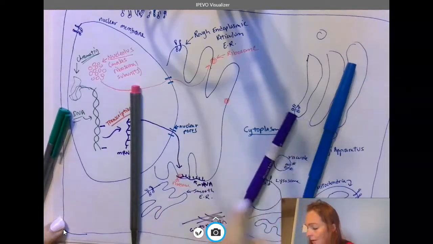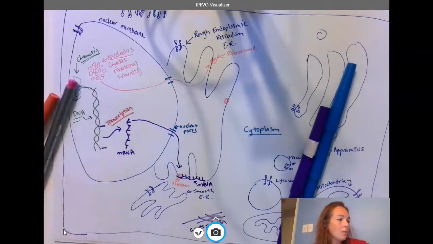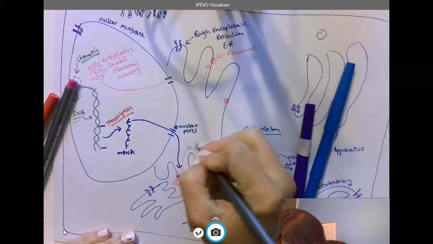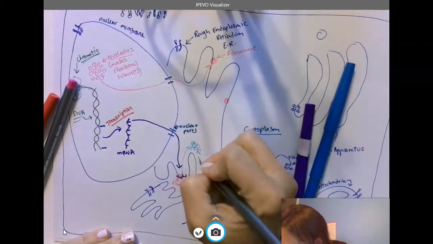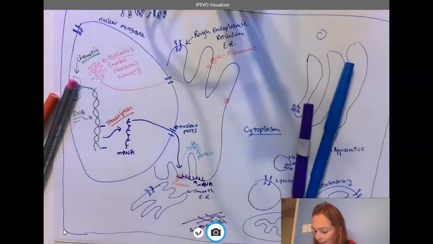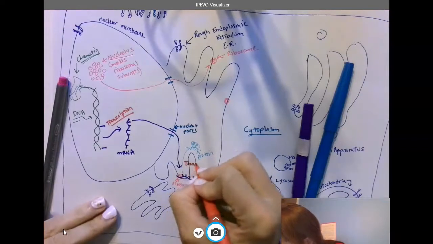And then our tRNA is going to come in, and we're going to end up making a protein. And that process right there, where the protein is made, is called translation.